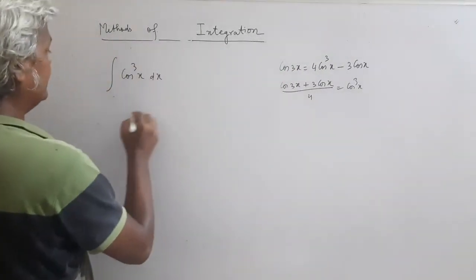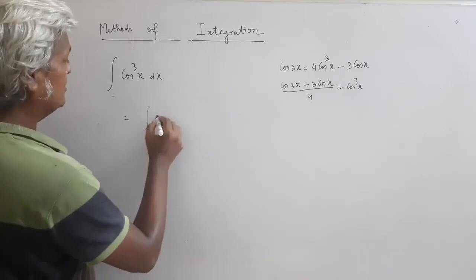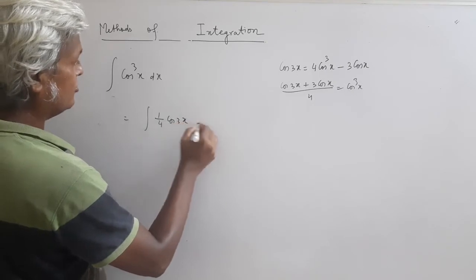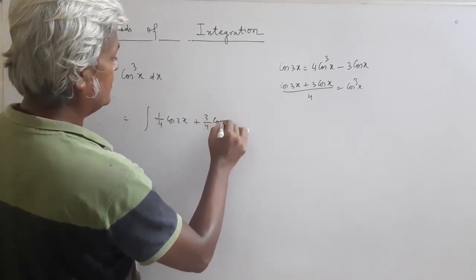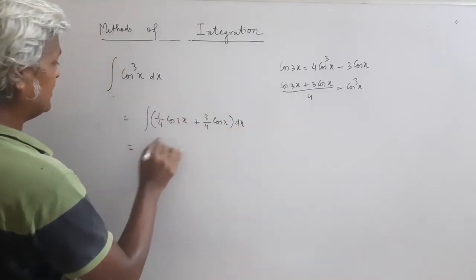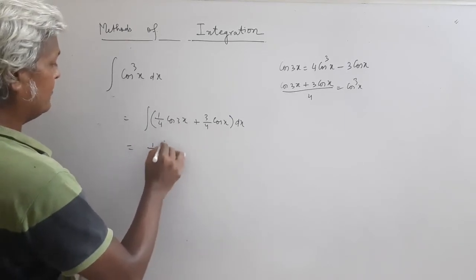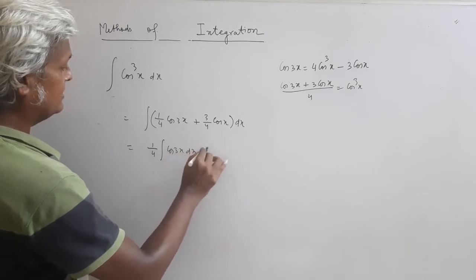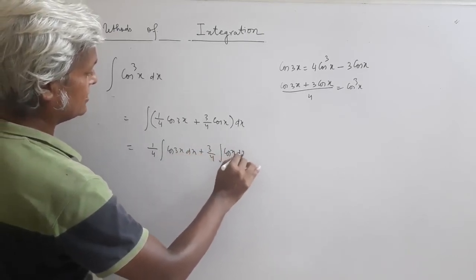So the term is 1 over 4 cos 3x plus 3 over 4 cos x, all dx. I separate this, since the integration of a sum is the sum of integrations. So 1 by 4 integration of cos 3x dx plus 3 over 4 integration of cos x dx.